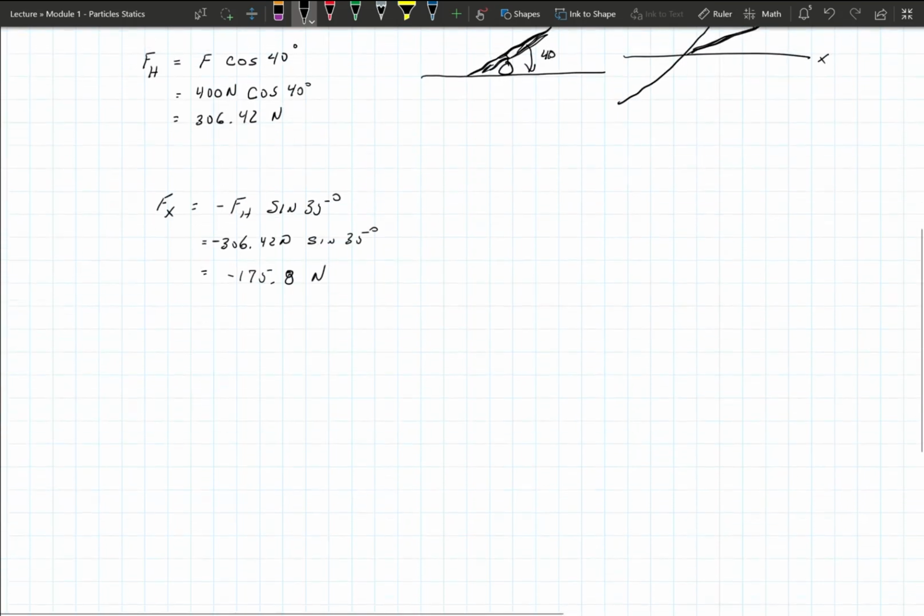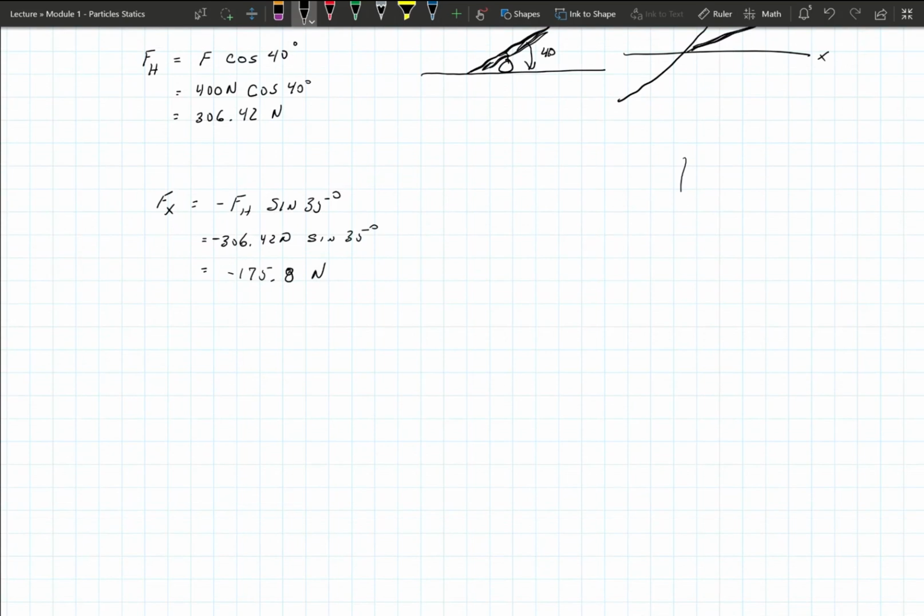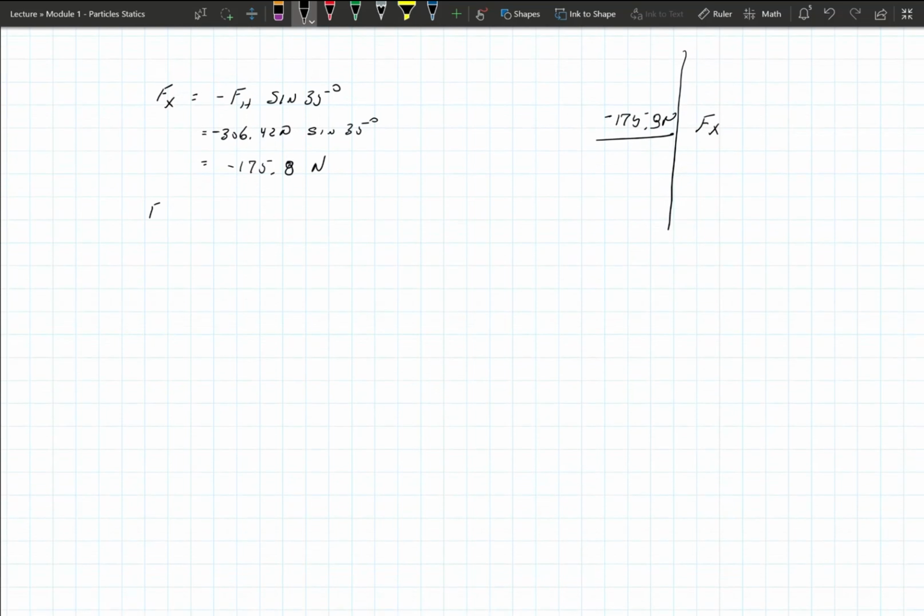Okay. Hey, another little thing, remember over on your comp paper, you can do F of x and then put in negative 175.8 newtons and underline it, and then you can actually find it faster in the long run. F of y is going to be negative F, because that is in the y plane all by itself, and that is simply the sine of 40 degrees.